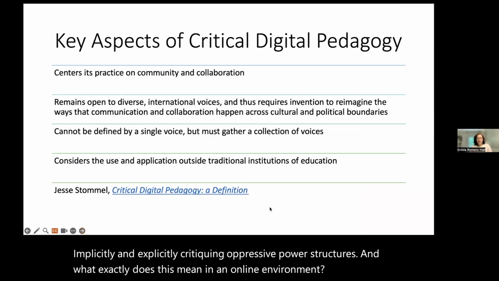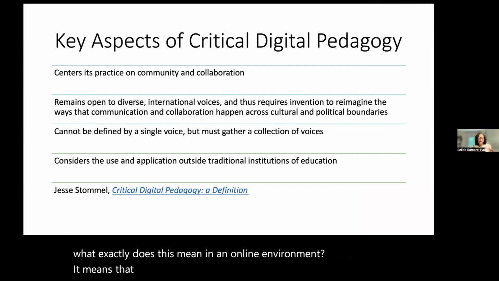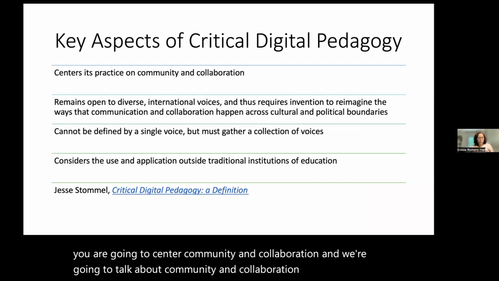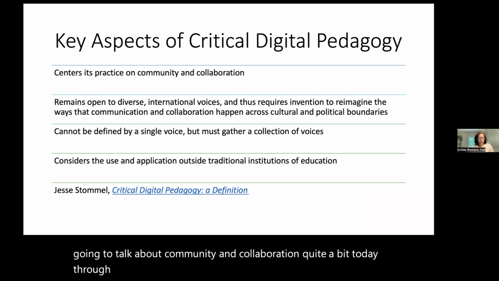It means that in your online practice, online teaching experiences, you are going to center community and collaboration. And we're going to talk about community and collaboration quite a bit today throughout the presentation.